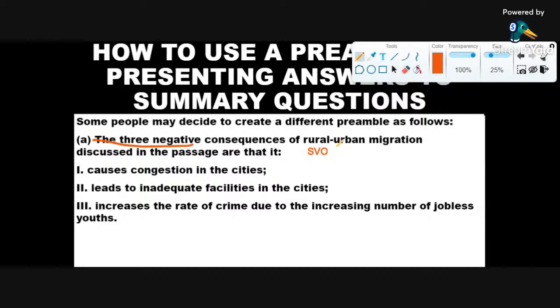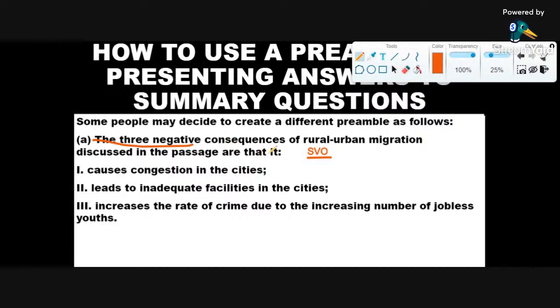All right? Of course, there are other elements of the sentence, such as the complement and the adjunct. But this is the commonest structure. And so your sentence should begin with the subject here. But instead of your answer beginning with the subject, the subject has already been included in your preamble here.